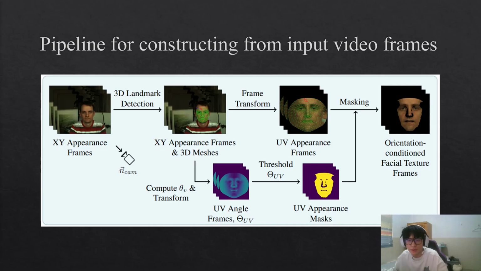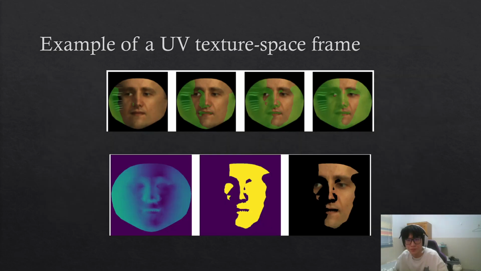The final step combines the UV appearance frames with the UV appearance mask to produce orientation condition visual texture frames, preserving essential visual features while eliminating areas prone to distortion.